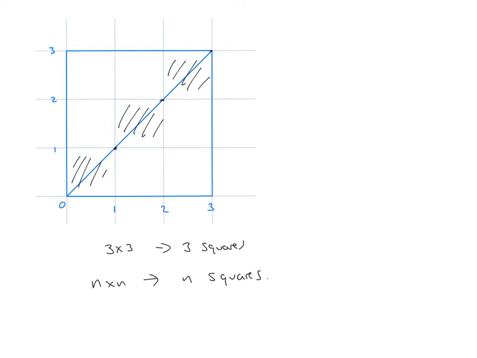So one connection we might make that'll help us for this problem is notice that the slope of this diagonal line is clearly 3 over 3 or 1 over 1, right?